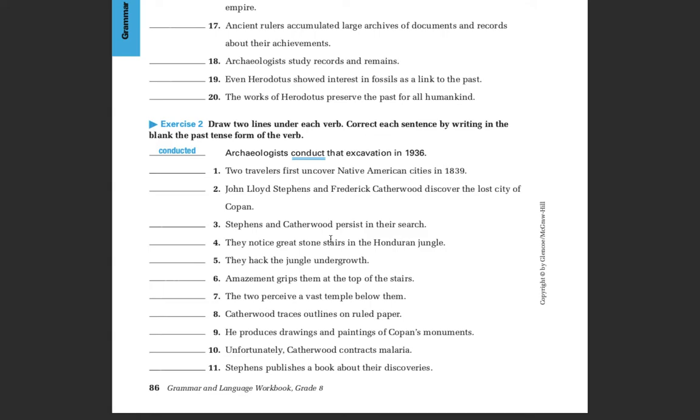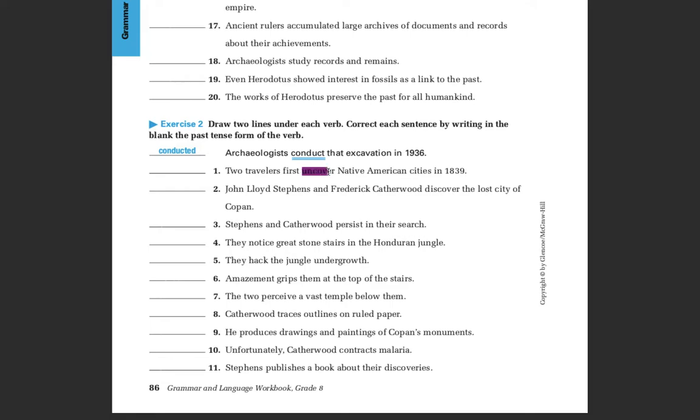The first example that is done for you says archaeologists conduct that excavation in 1936. The verb is conduct, which is double underlined. We want to put it in the past tense. We simply add ed.